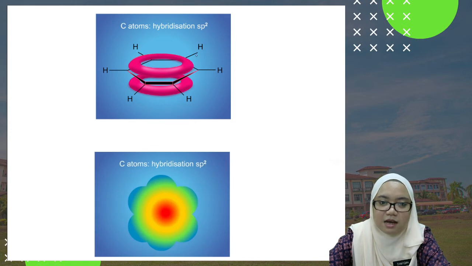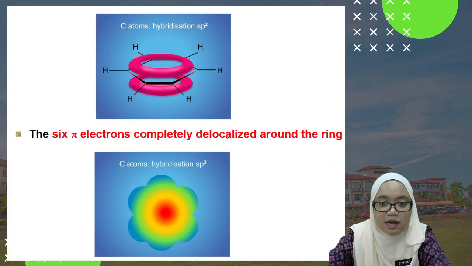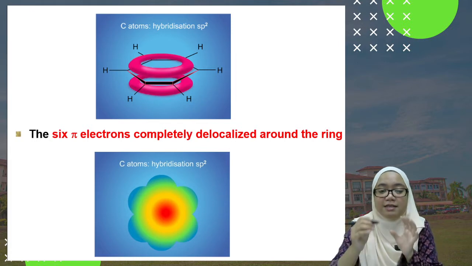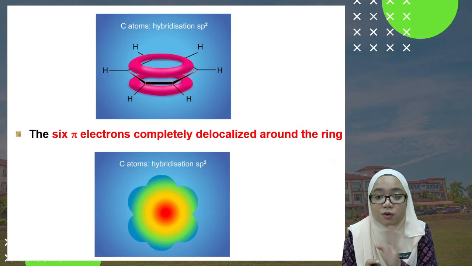Alright, so next. This is the hybridization for the benzene ring, where it has sp2 hybridization. The 6 pi electrons are completely delocalized around the ring. As I said just now, the 6 pi electrons in the double bonds are constantly moving around the ring.